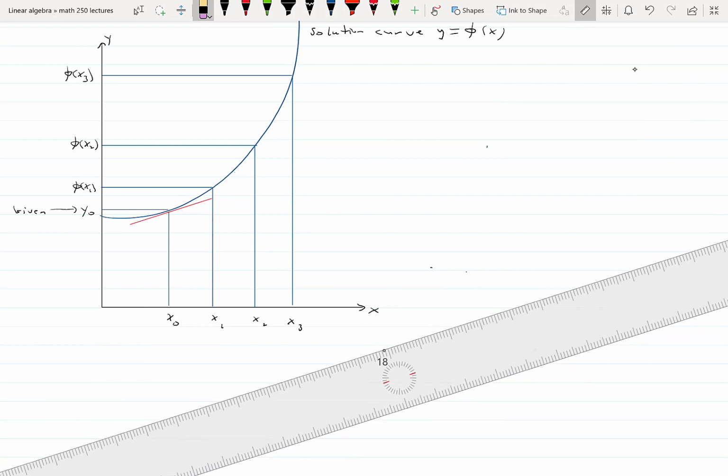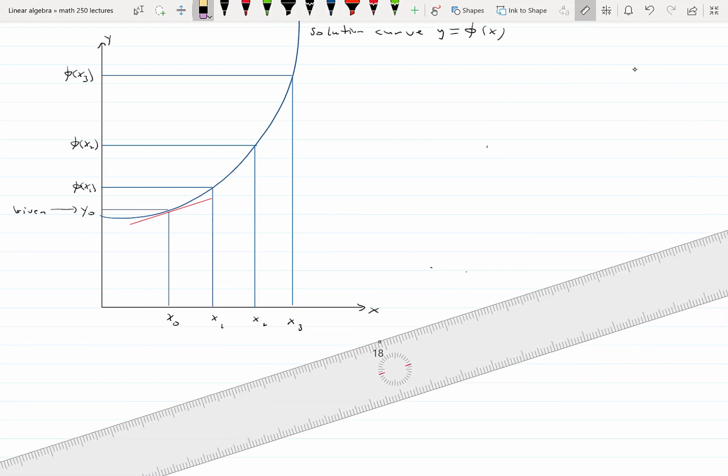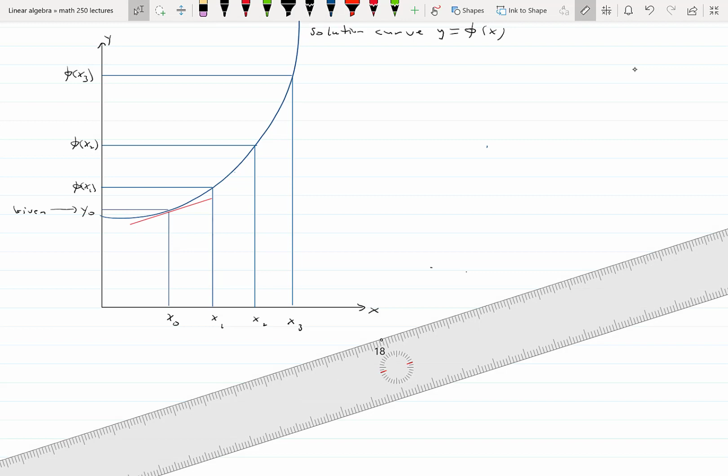We already know the y value at x naught. It's y naught. And we know the slope at every point on the curve, because remember, we're given y prime equals f of x and y. So I know the slope of my solution curve from point to point.